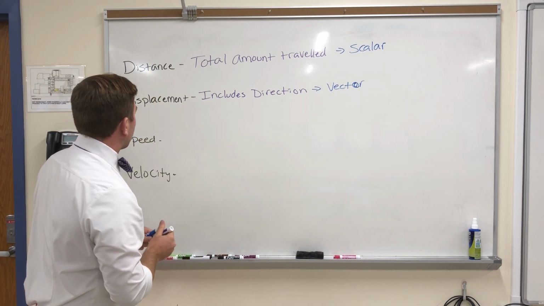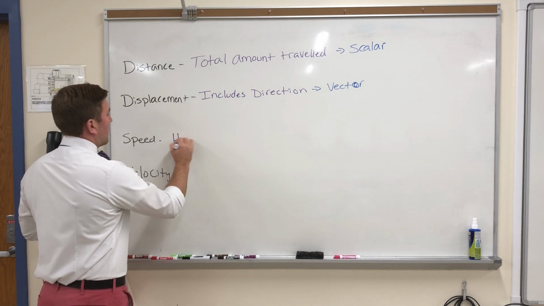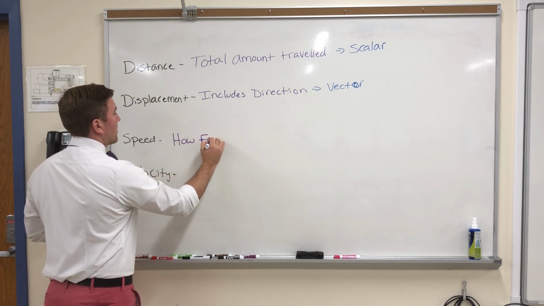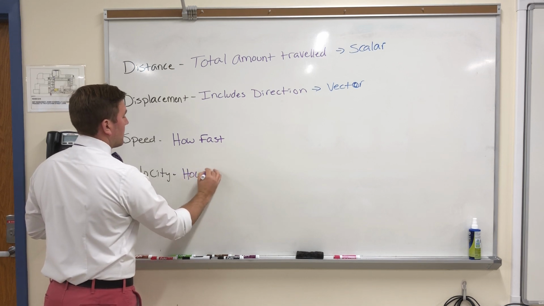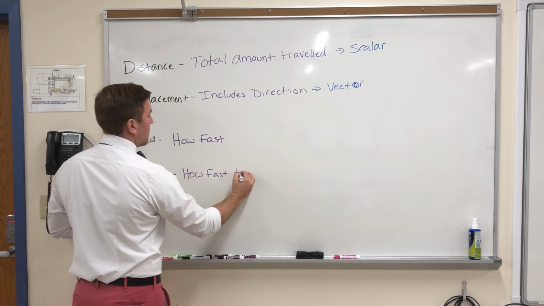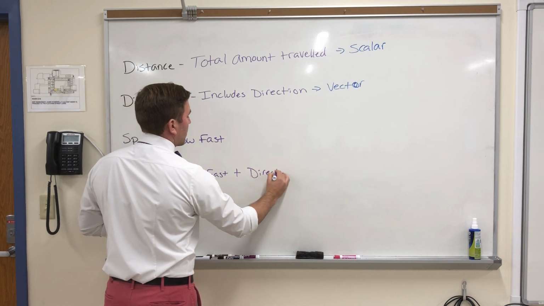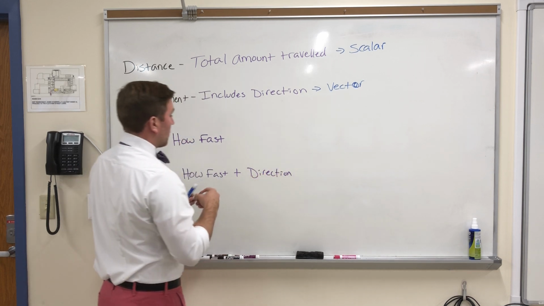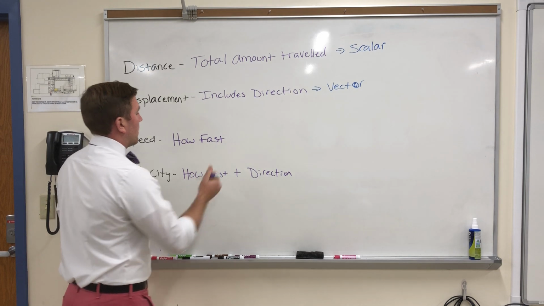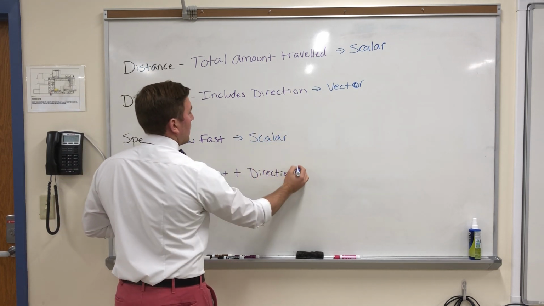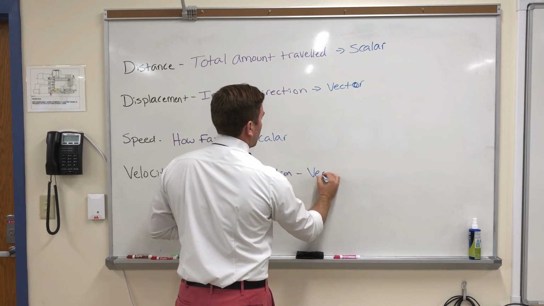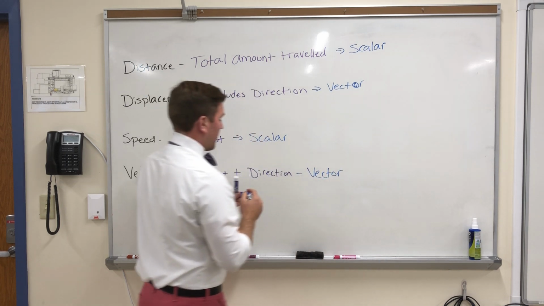With speed and velocity, we know that speed is how fast something is moving. Velocity is similar, how fast plus a direction. So in this case, speed is our scalar quantity, and velocity is our vector.